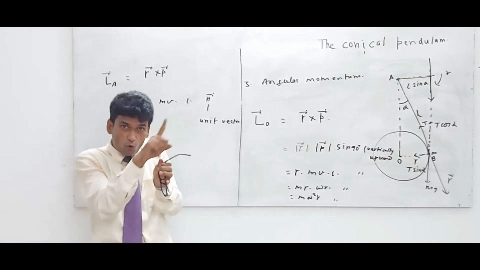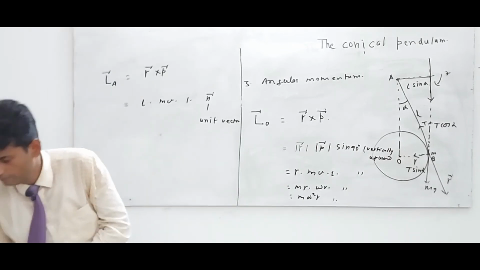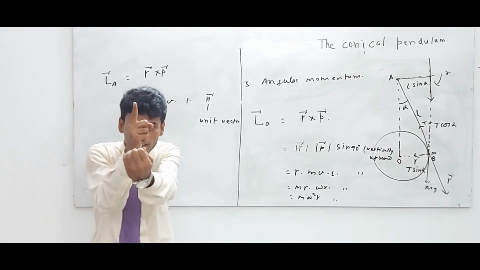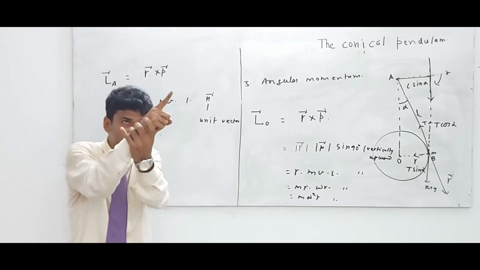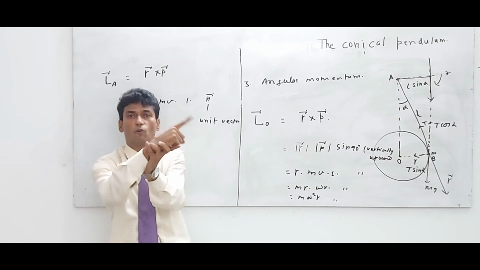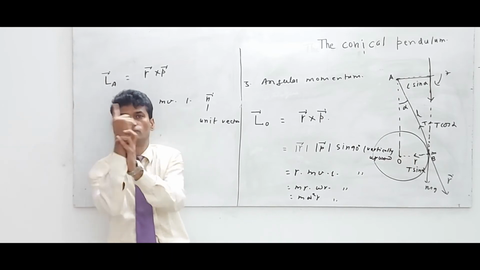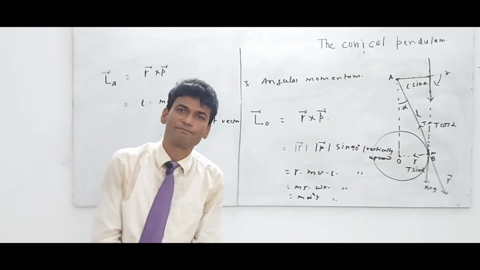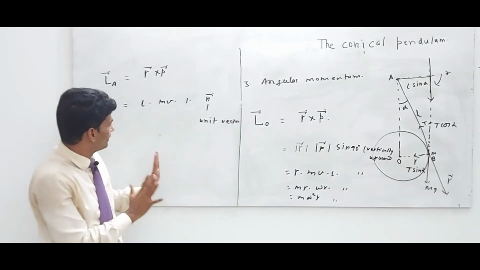So it traces a cone like that. This is the angular momentum vector. If the bob is here, or there, it points like that. Look, it traces a cone.